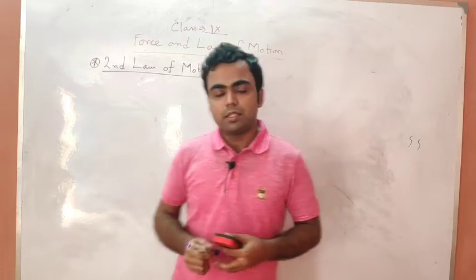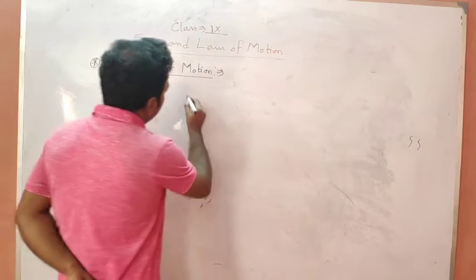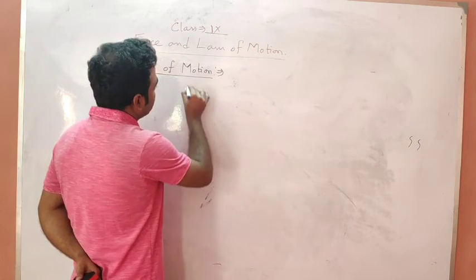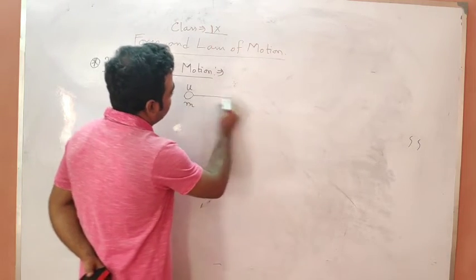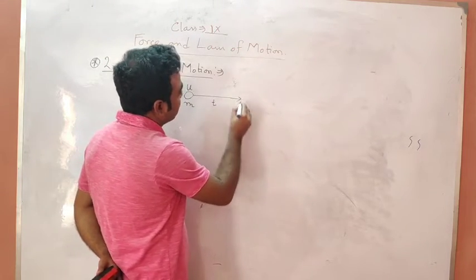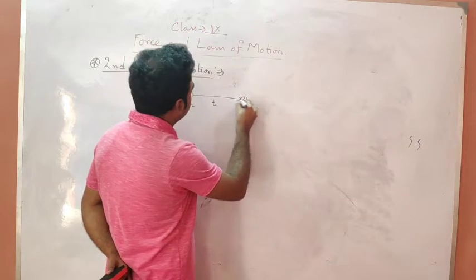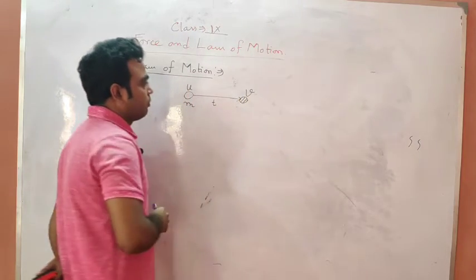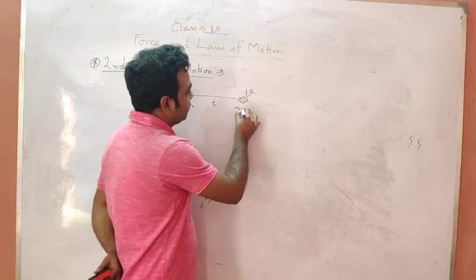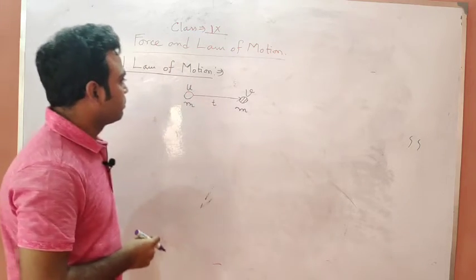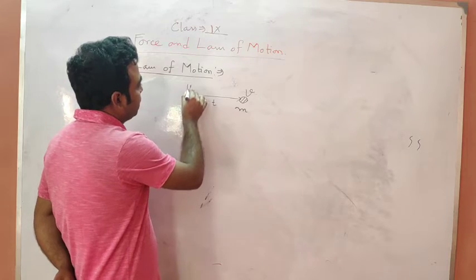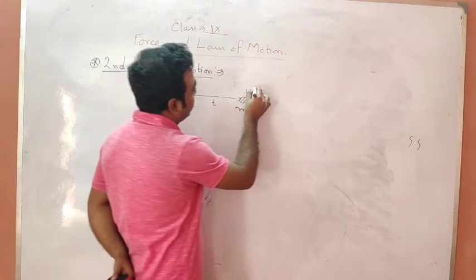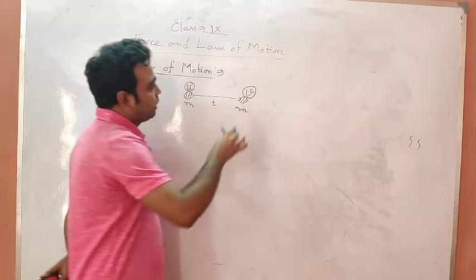That means, suppose an object of mass m starts with a velocity u. After time t it has velocity v. The mass will not change, it will remain the same. So a particle with initial velocity u gains a velocity v after time t.